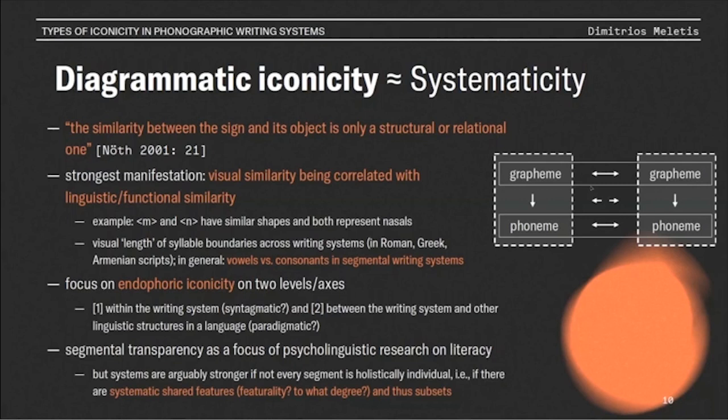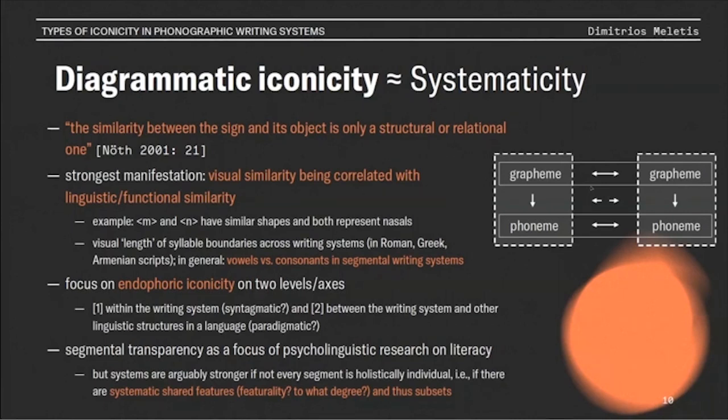And I'm focusing here only on two endophoric levels, and I try to show that a bit with this, again, schematic illustration, that this diagrammaticity can function within the writing system, so graphemes referring to other graphemes, but also, of course, we can see diagrammaticity in the relation between written units and other linguistic units. And in a way that would be something like syntagmatic and paradigmatic.